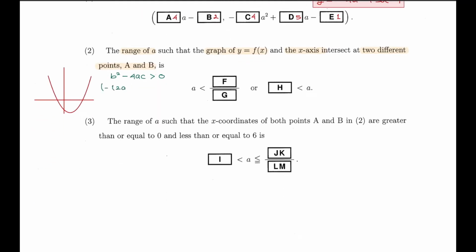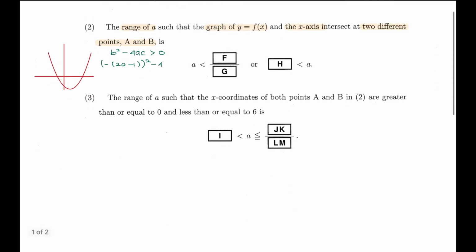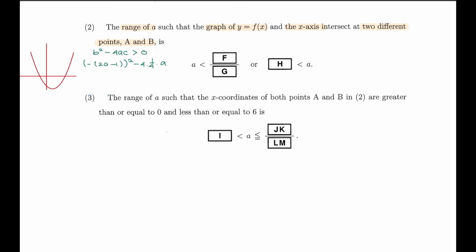Negative 2A minus 1 square, minus 4 times A is 1 over 4, and then C is the term independent of X, which is A. So, negative 4 times 1 over 4 times A. This equation must be greater than 0.